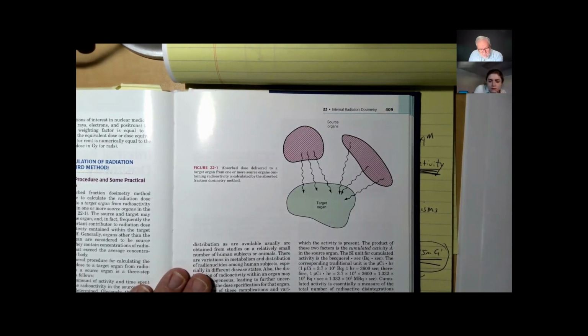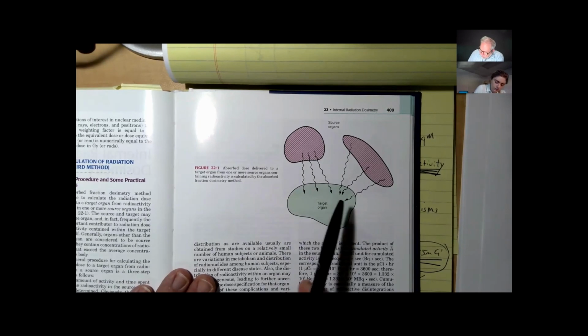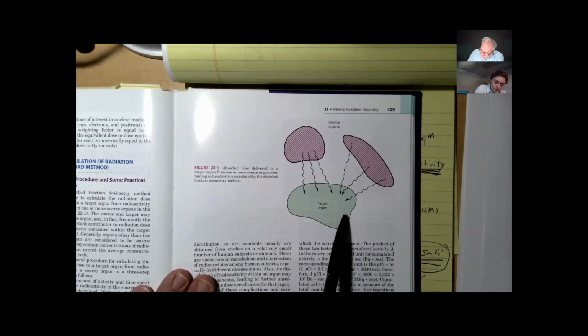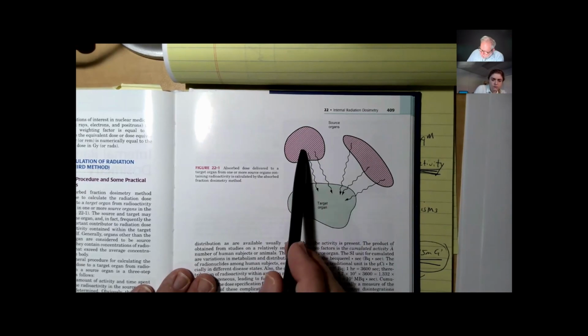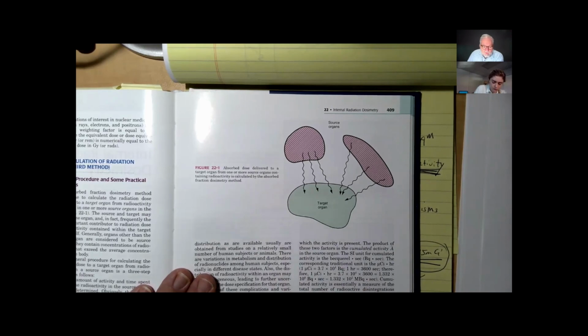Most of it is going to go to the organ that you want to study, but there's also going to be uptake by other organs. So when we do absorbed dose calculations, we adopt this target-source model. We look at one particular organ and ask, what is the contribution of the neighboring organs to this?